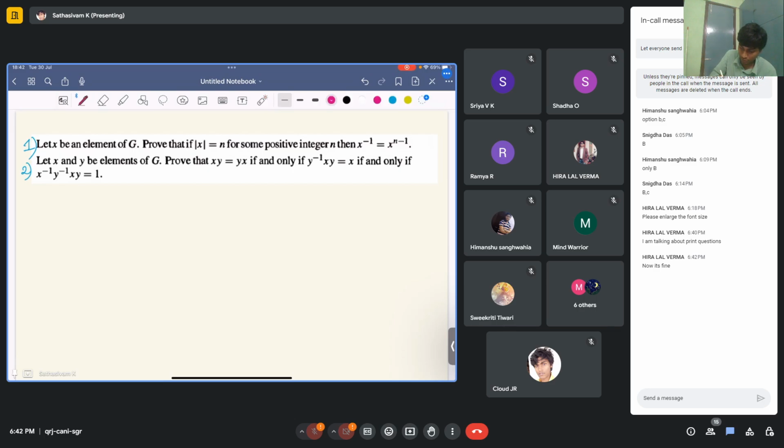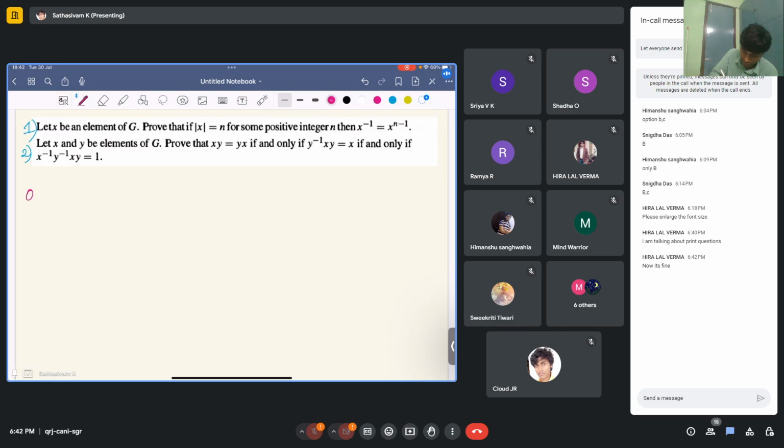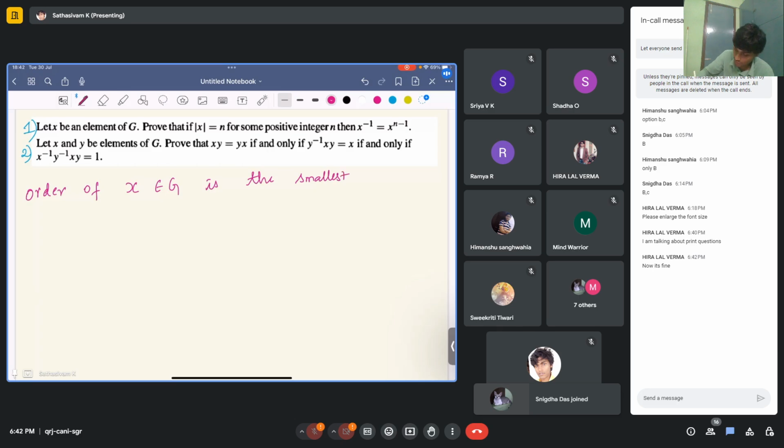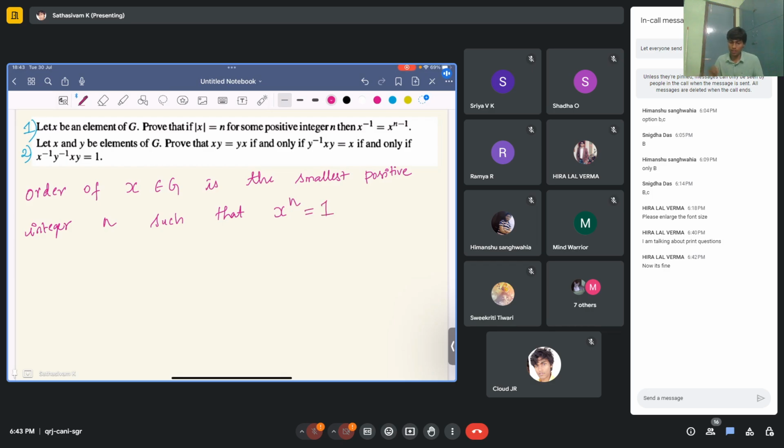I think you might know, but I'll just recall, because this is the first class. The order of x belonging to G is the smallest positive integer n such that x to the power n is the identity.